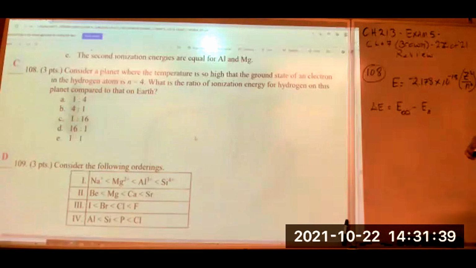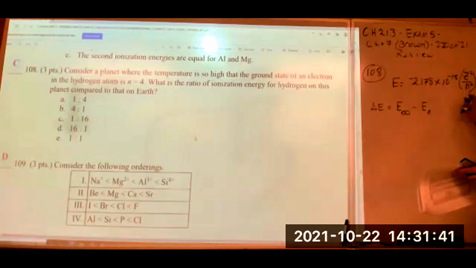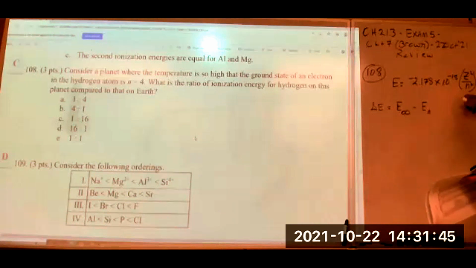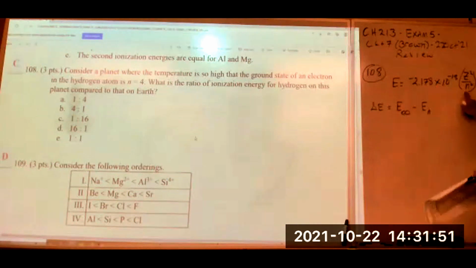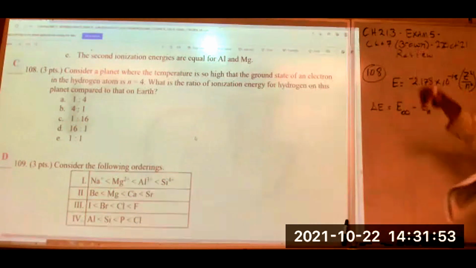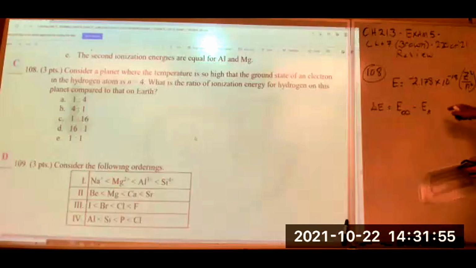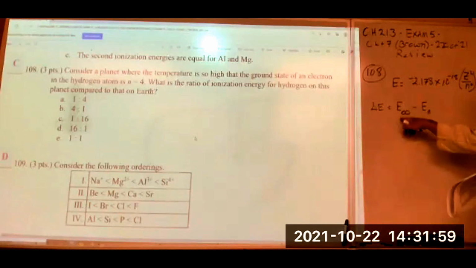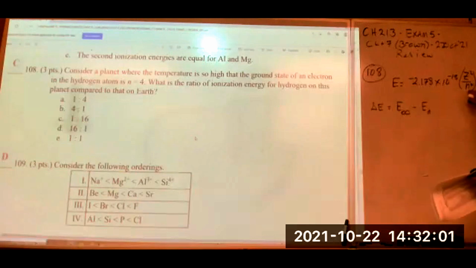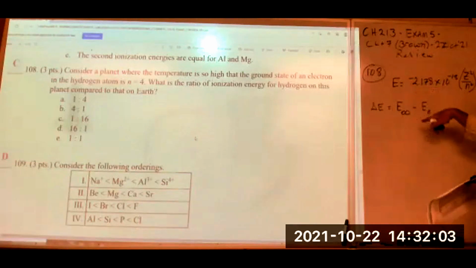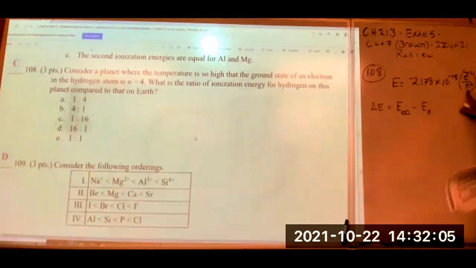So we'd have to do this one minus that one. We'd stick a 1 in here for Earth and a 4 in there for this planet. But for this one, what would it be? If we say at infinity, what's n equal to?